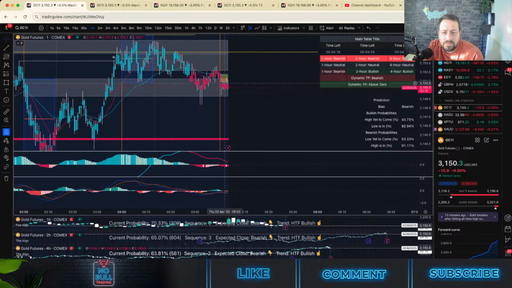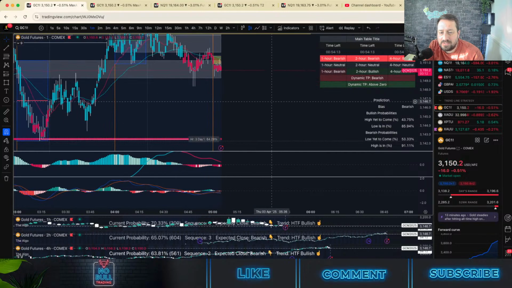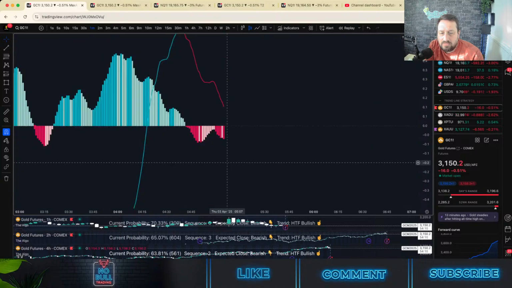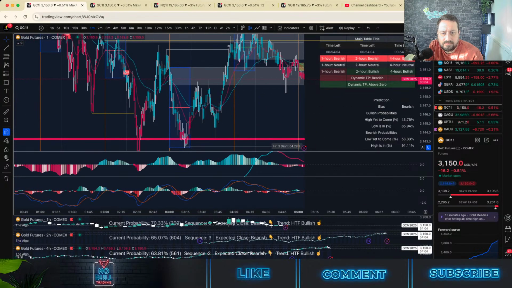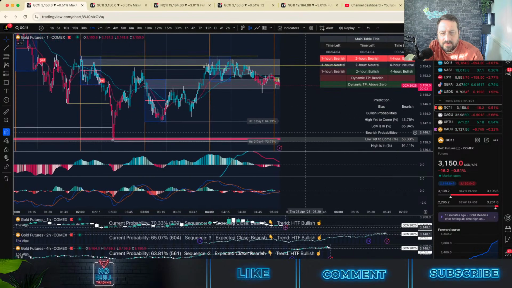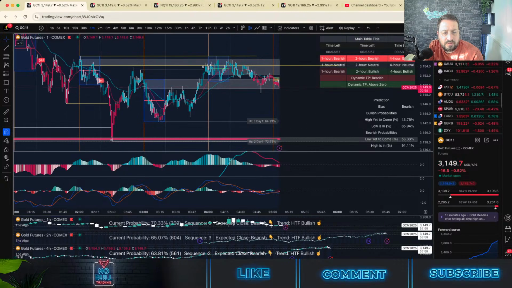Right now though, some nice rejections against the hourly box. We're still inside of this one, which I've failed to do. We're coming down, back towards that zero line. I'm just not uber confident.